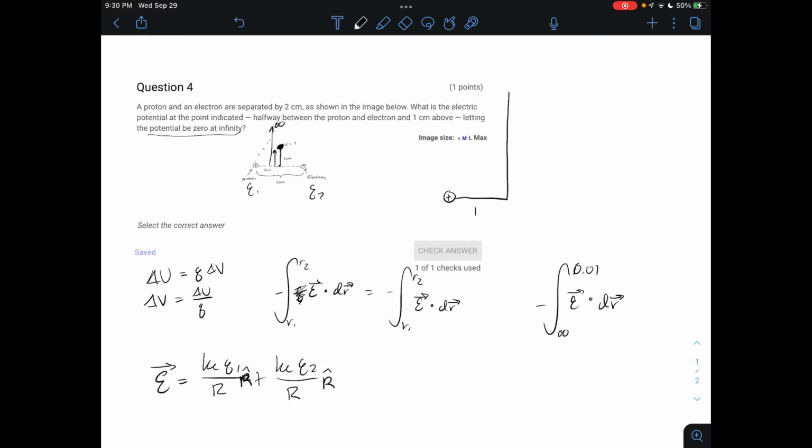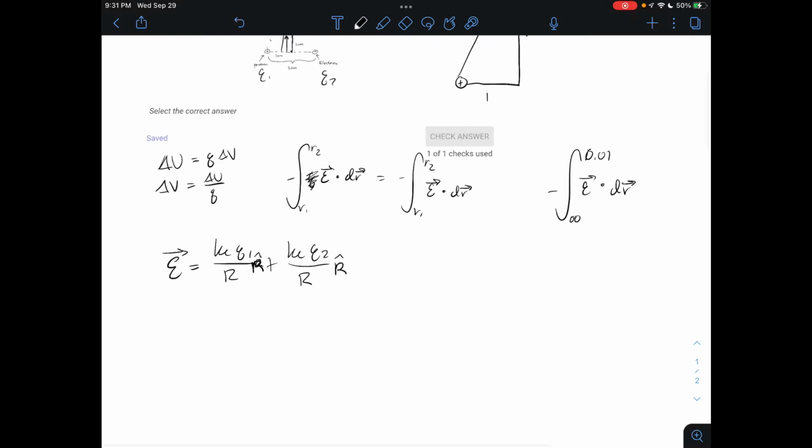And then this distance was our R from before, because remember that's our R vector. So this radial distance is going to be, by the Pythagorean theorem, the square root of R squared plus 1 squared. That's going to be this capital R that I was using over here. So our big R equals the square root of r squared plus 1 squared.